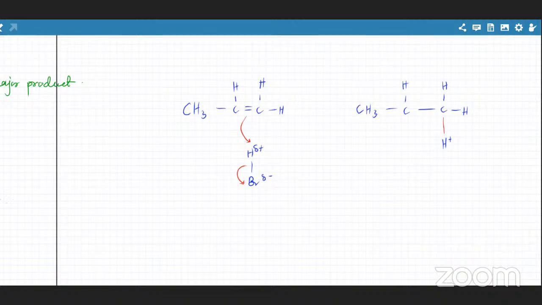The positive charge on H is going to disappear. So that's gone. And the positive charge instead appears on this carbon atom, because this hydrogen over here stole the electrons from this carbon atom, right? The pi electron cloud is gone. And this is one carbocation. This is the more likely one. This is the major product that's going to be produced. And the other possibility is, let me just copy paste this.